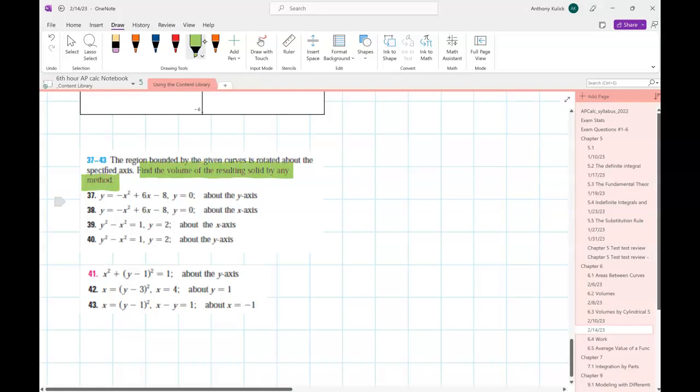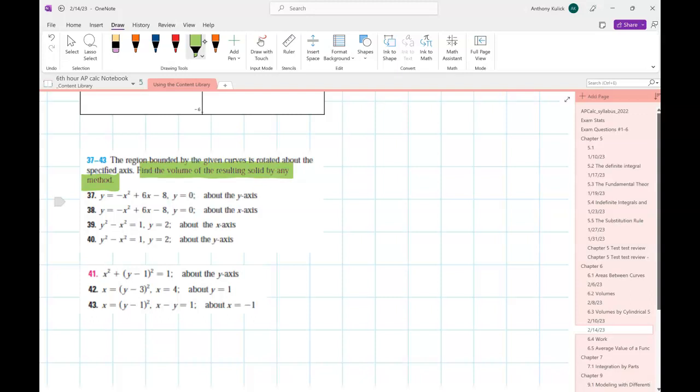So there are going to be discs, washers, and shells, all possible here. And really, for these problems, any of these are going to be possible. But I'm going to tell you what. Usually the shell ones are going to be infeasible for you to set up as discs or washers.